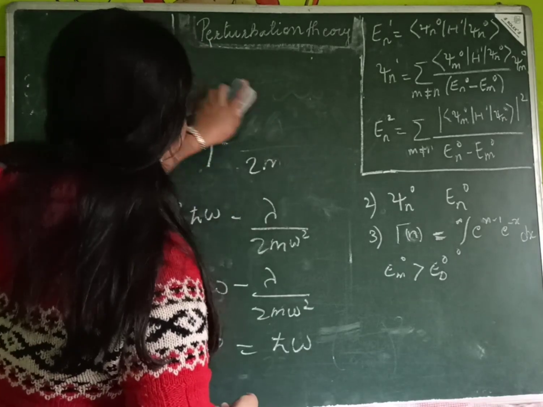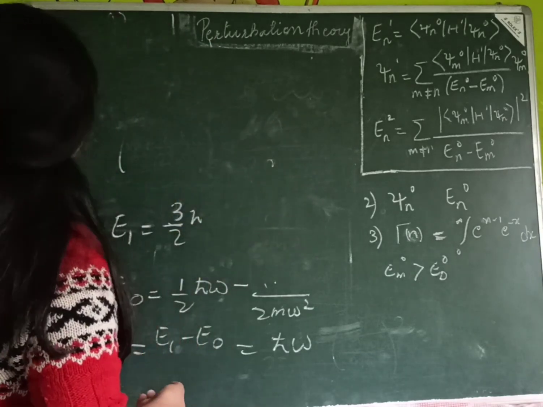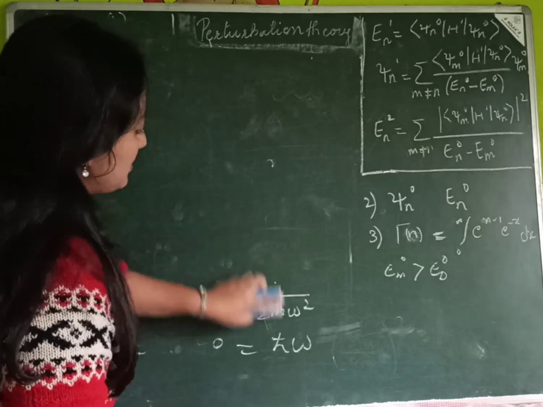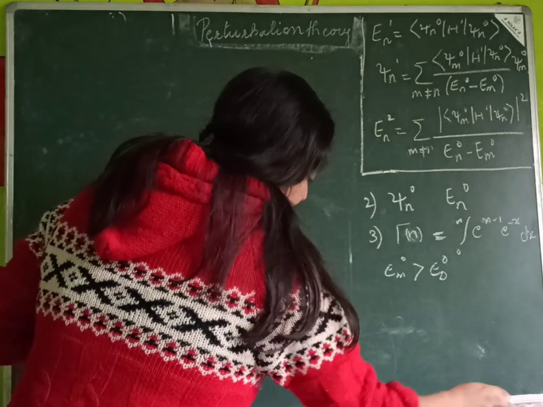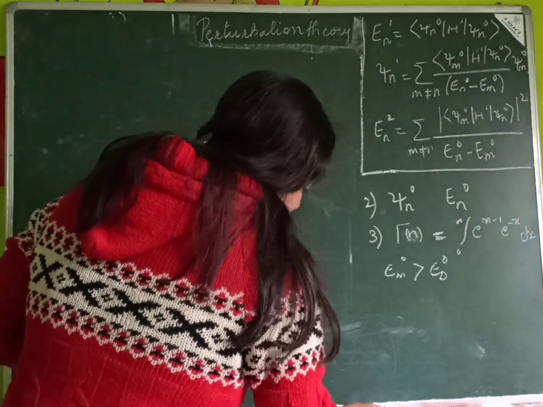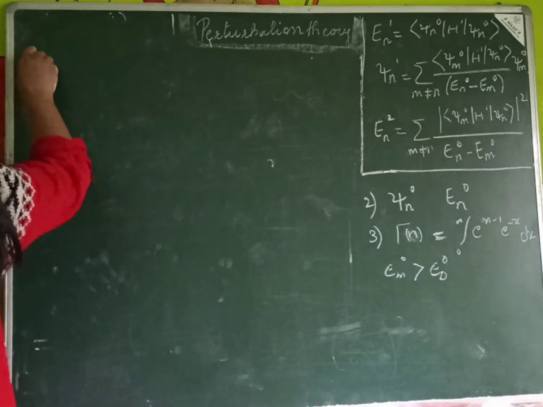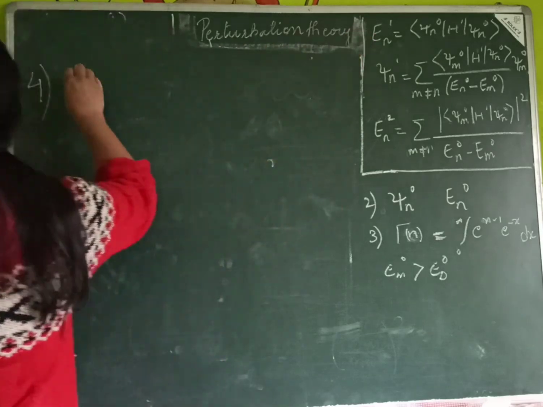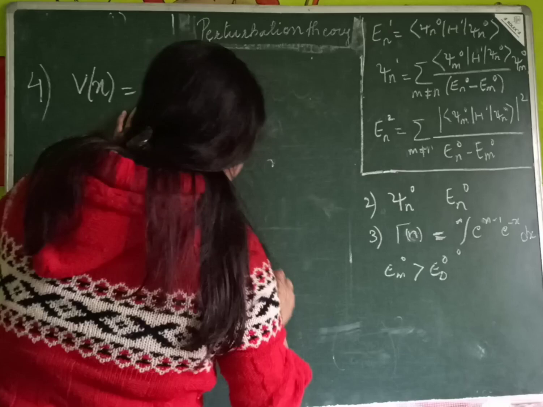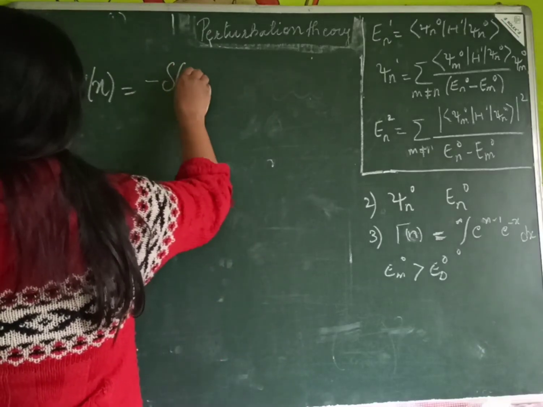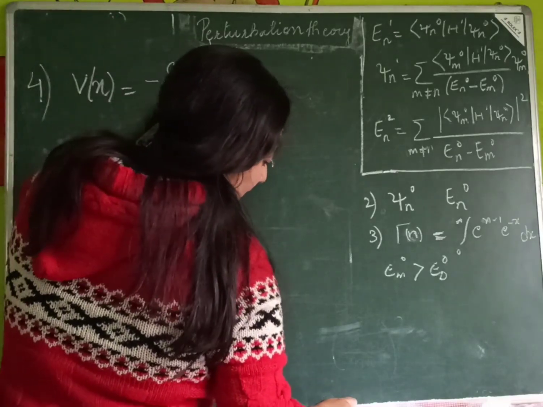Now, these kinds of things cannot be done for all problems. So let us see another problem wherein you need to make use of these formulas here. The potential for that problem is minus delta x, so this is your delta potential problem.